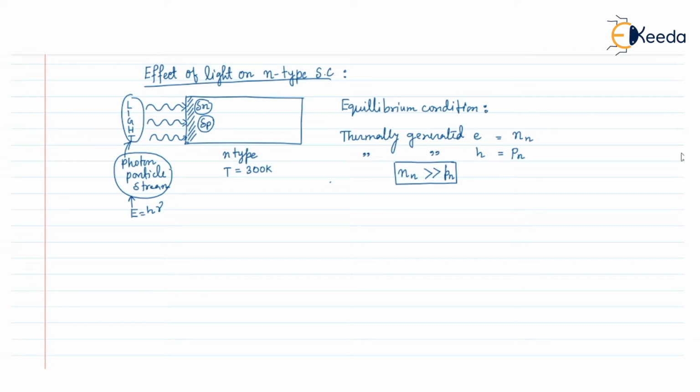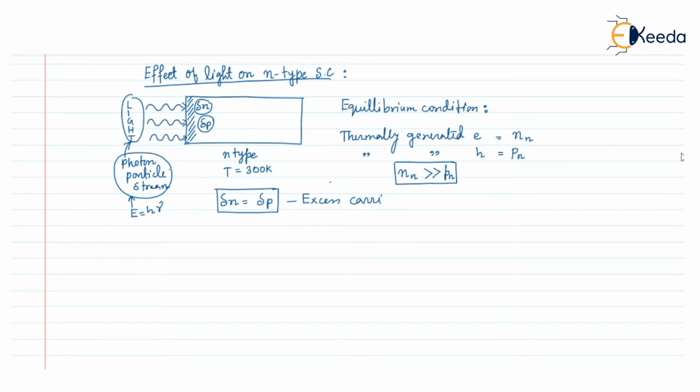Now, these electrons and holes are generated in pairs, so we can write that del n, the excess electron concentration, should be equal to del p, the excess hole concentration, because electrons and holes are produced in pairs. Due to the incident photons, some covalent bonds have been broken, so an equal number of electrons and holes are produced, and these are called excess carriers.